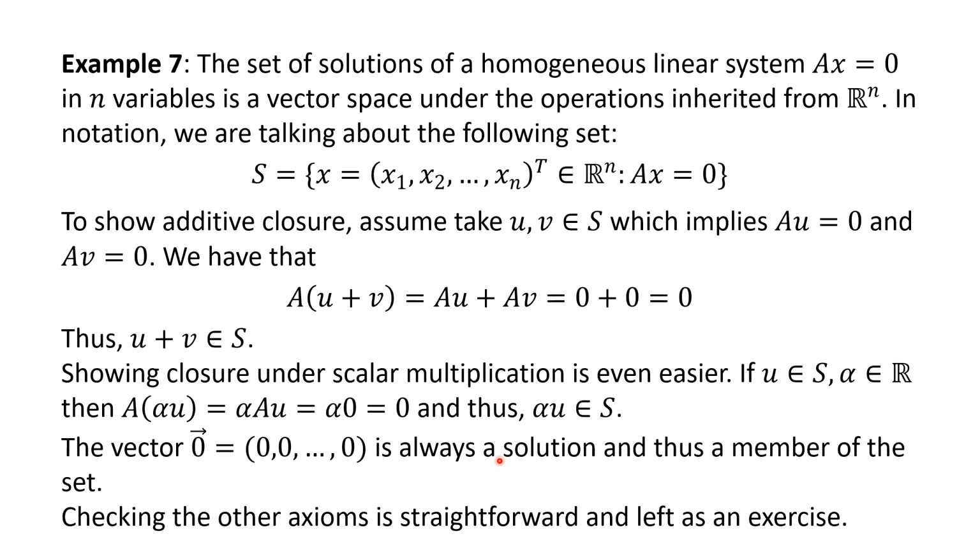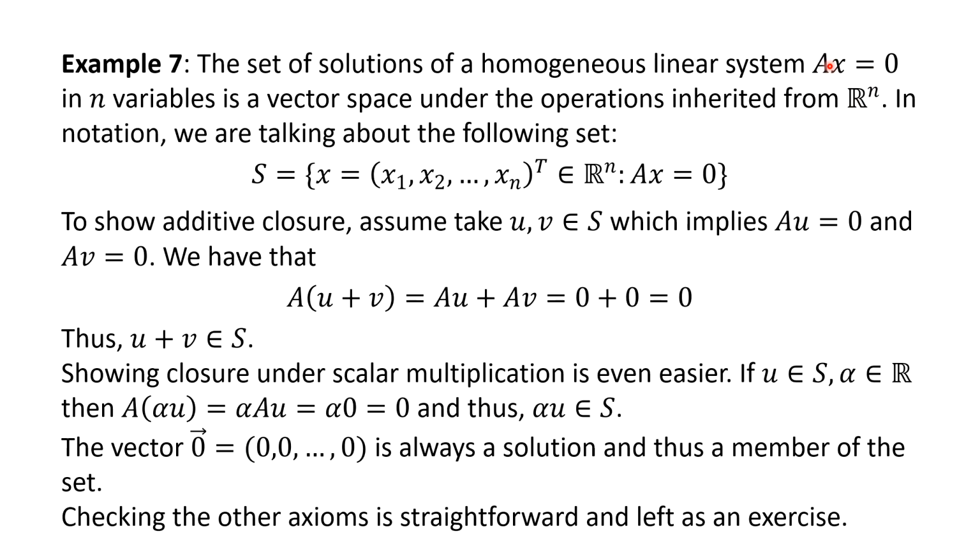There's a few more to check, another 7 to check, but most of them are not difficult. So I'll leave that as an exercise. One thing I wanted to point out, and it's a little bit beyond what we've discussed in terms of theory so far, but this system may have only one solution, x equals 0.